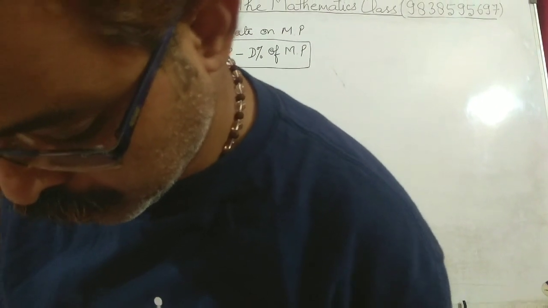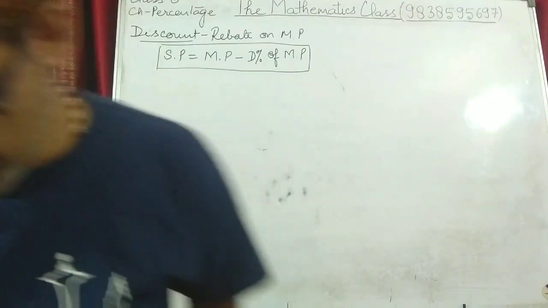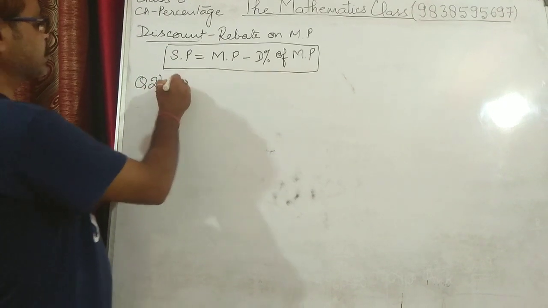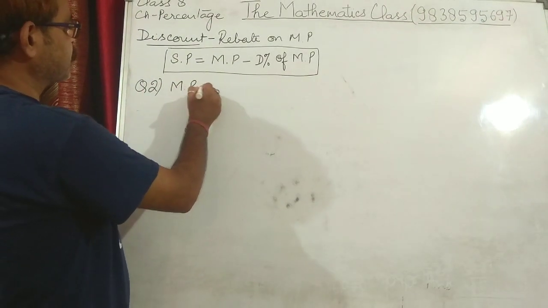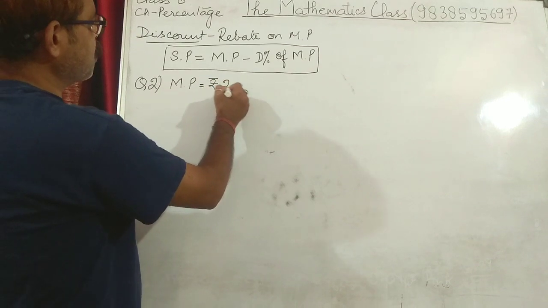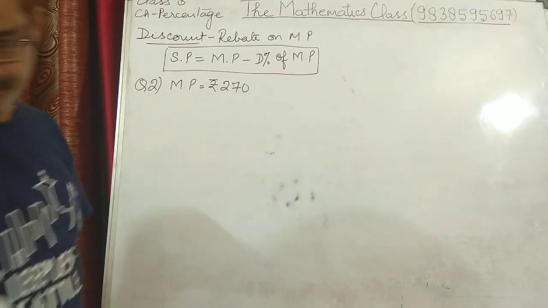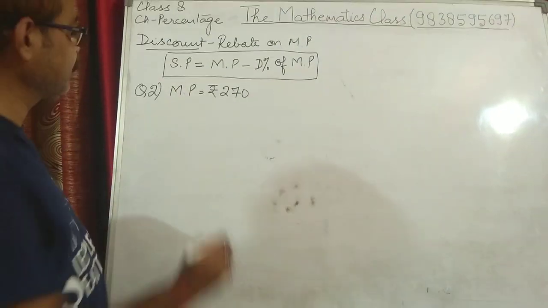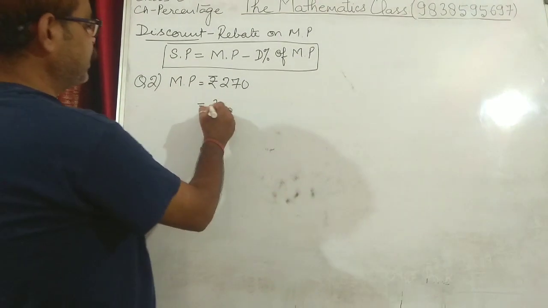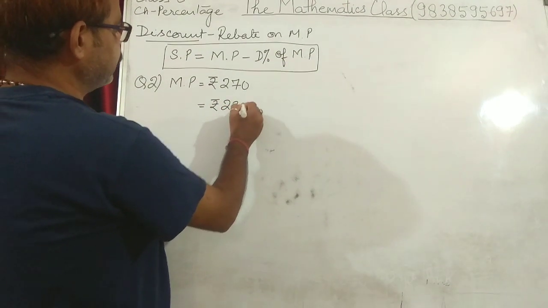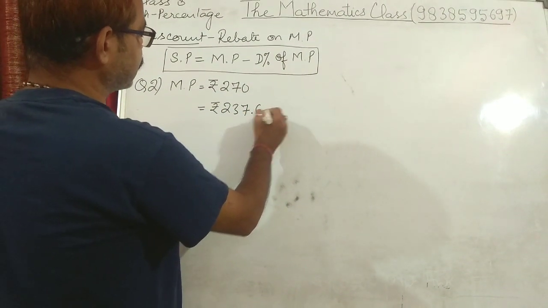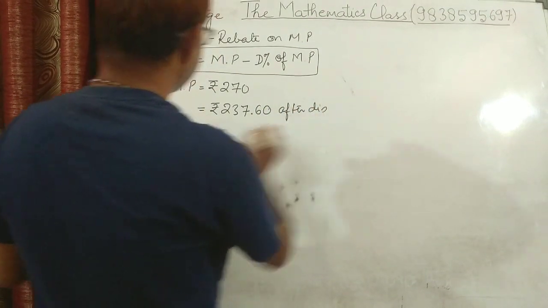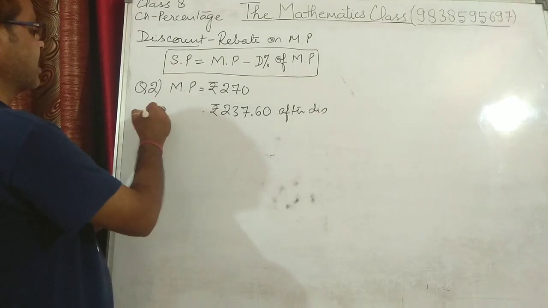Question number 2: The mark price of a shirt is rupees 270, and it is available at rupees 237.60 after discount.